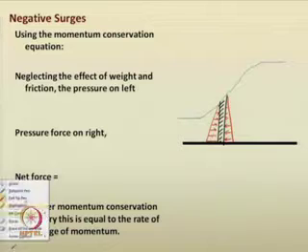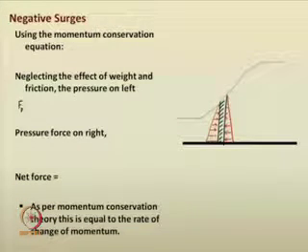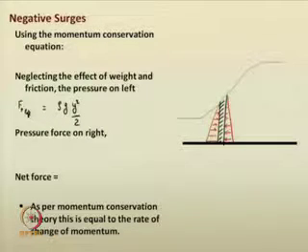The pressure force on the left, F p left, for a rectangular channel, is rho g y squared by 2, because y by 2 is the depth from the surface of the water to the centroid of that area.